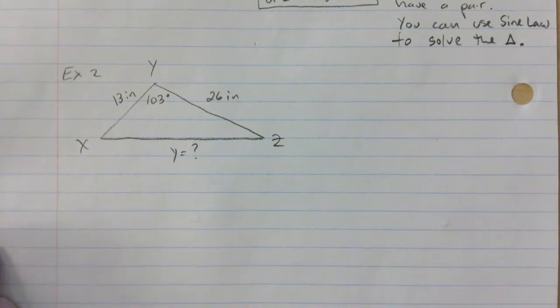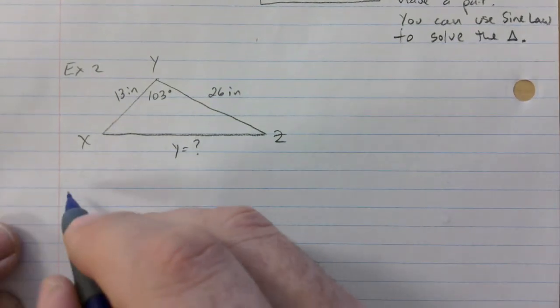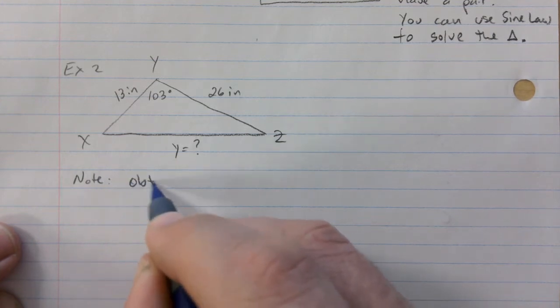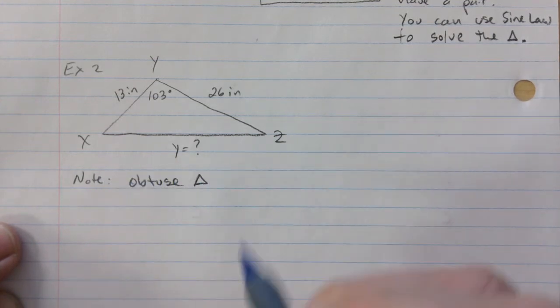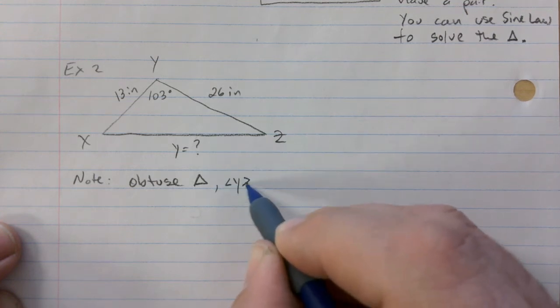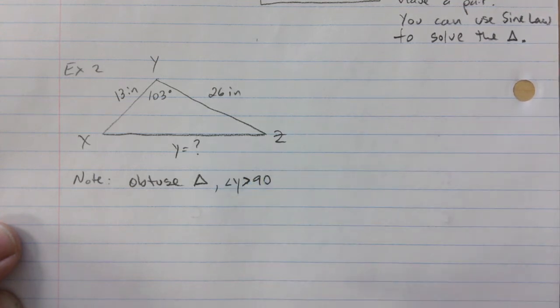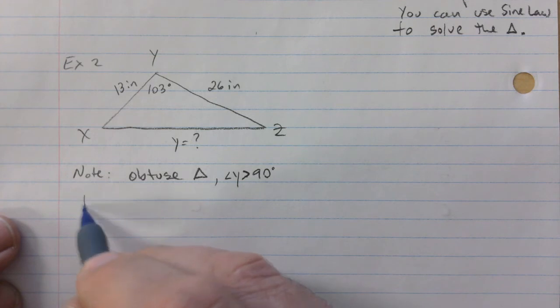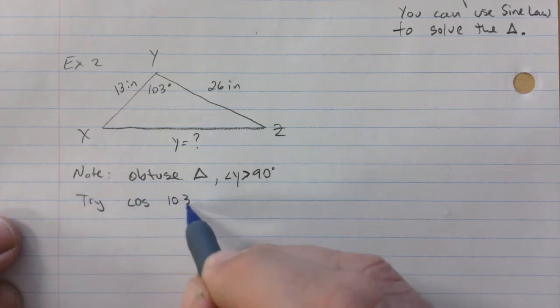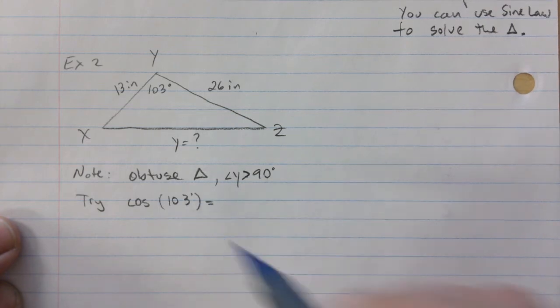And I'll make a remark before we start. Note, obtuse triangle, comma, angle Y is greater than 90 degrees. Okay? So that's a note. Another one is try cosine of 103 degrees, what would you get there?